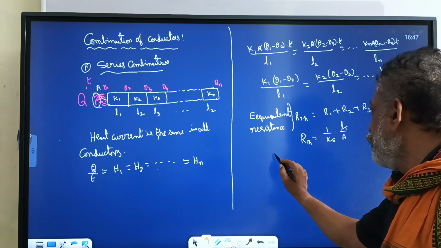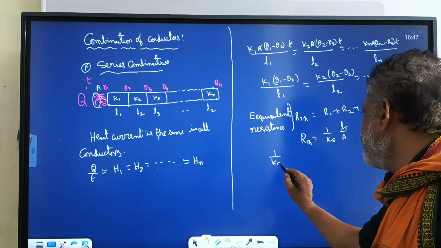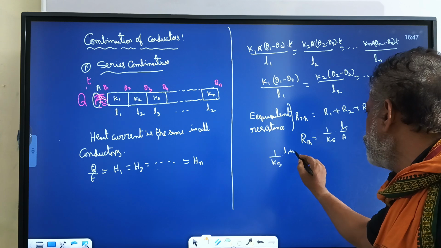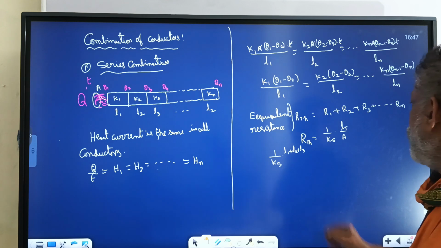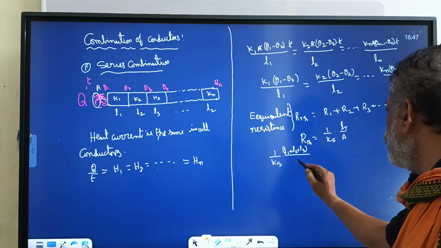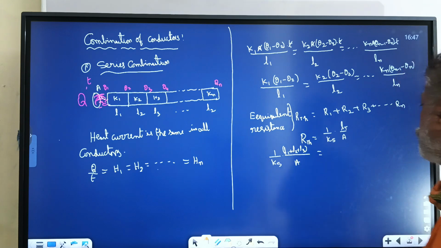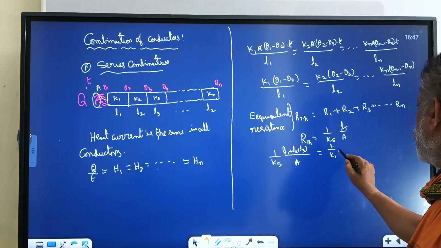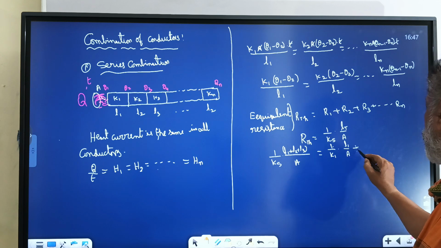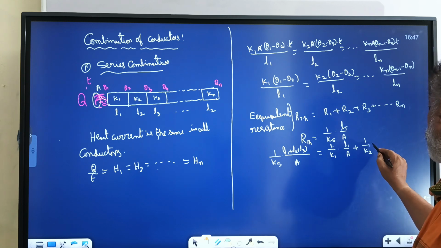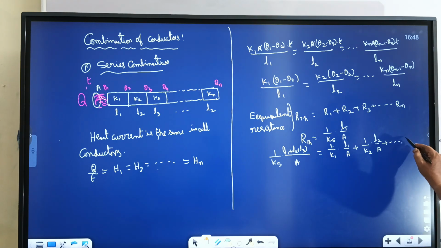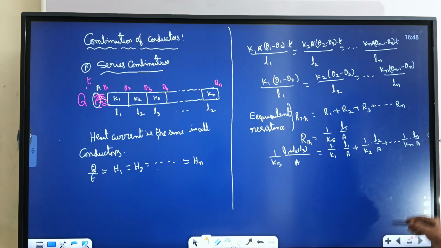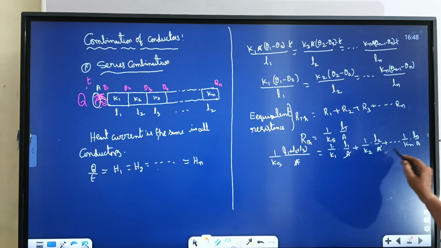I can write it as 1 by Ks into L1 plus L2 plus L3 divided by the total area A. That is equal to 1 by K1 into L1 by A plus 1 by K2 into L2 by A plus 1 by Kn into Ln by A. The areas are all equal in series.